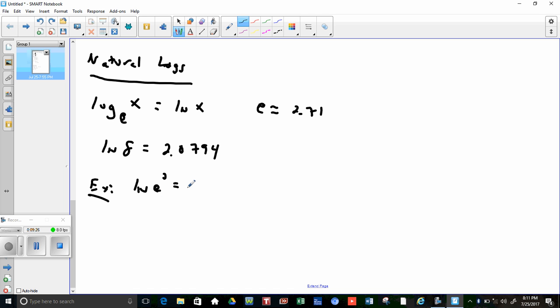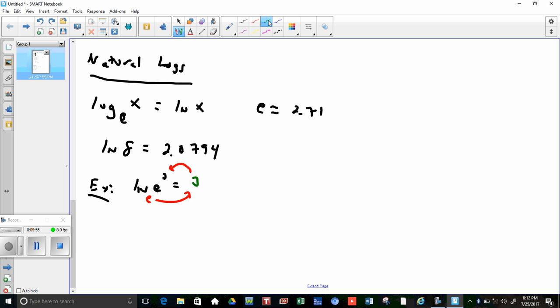As a matter of fact, let me write the base, which we don't usually write, but it's in red. So that says e to some power must give us e cubed. What does that power have to be? Well, e cubed would have to equal e cubed. So the natural log of e cubed is just 3. Again, the base and the argument are the same, so your answer is just the exponent.